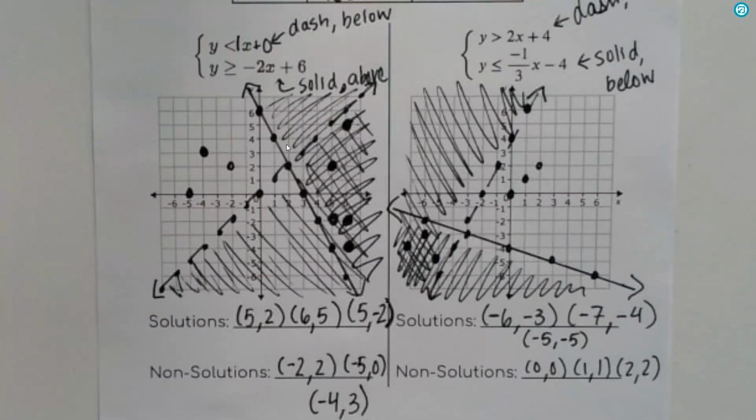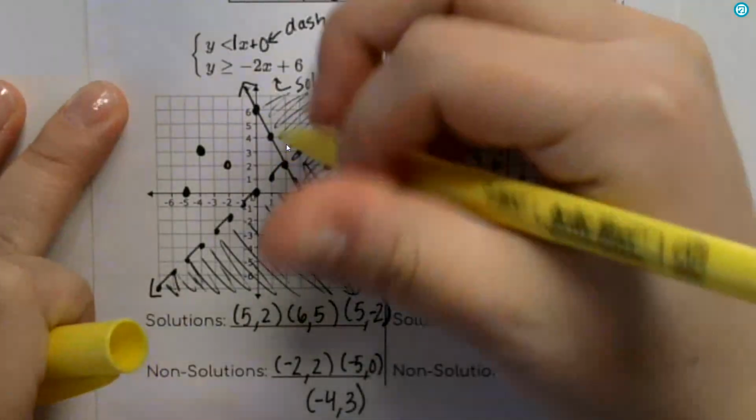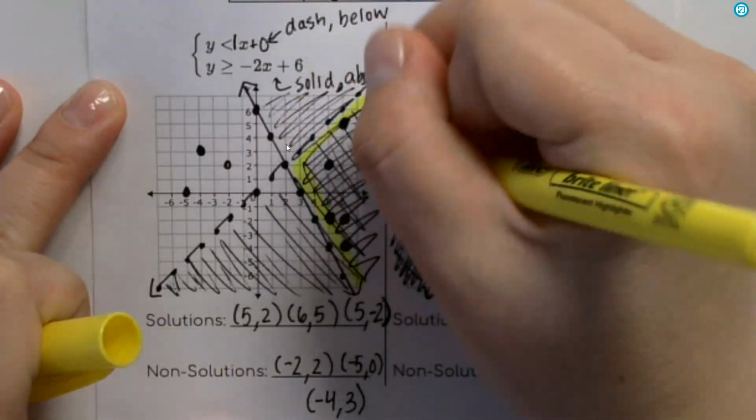Right, one comment I want to make, which is just good to know. It's not going to impact your answers on your assignment. Technically, points that are on a solid line would be solutions. Points that are on a dashed line would not be solutions. So what that means is everything inside this shaded area is a solution.